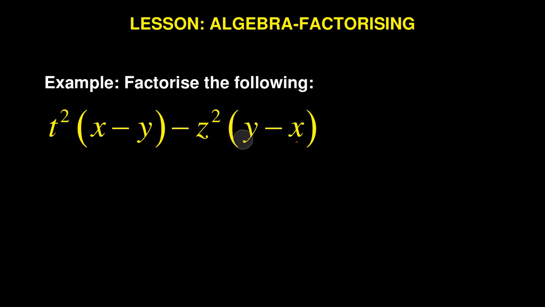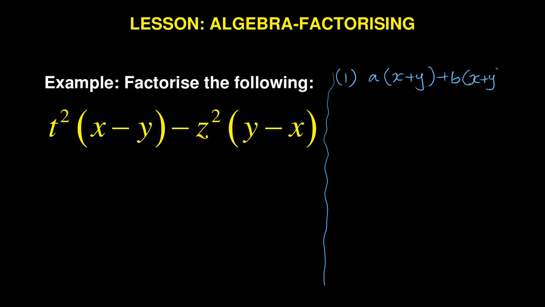Now, if I can just remind you of a few concepts when we are talking about factorization. The first part that you need to know is that you need to match your bracket. For example, if you have got your a, x plus y plus b, x plus y. So the aim is to make the brackets the same.